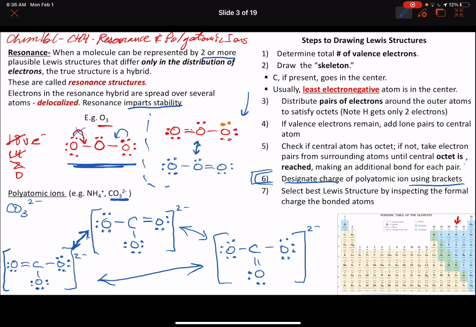This is the correct answer here for that. We can also see resonance in polyatomic ions. So we saw that in the carbonate option, and in the former example of ammonium, there was no resonance, and we clearly identified our first steps using brackets and denoting charge on a Lewis structure.